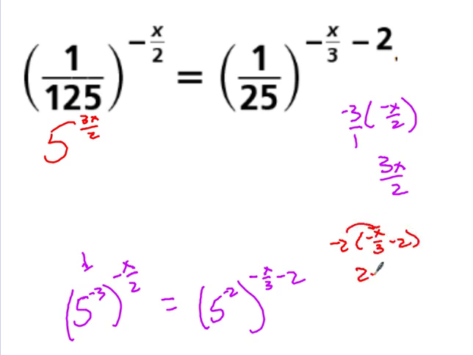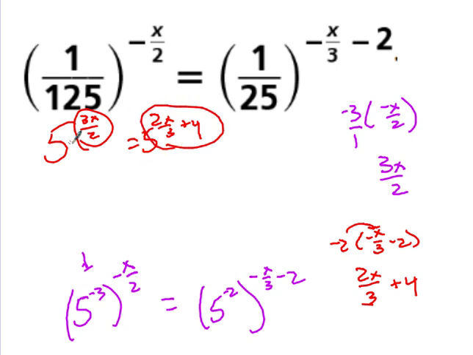This is going to give me positive 2x over 3. Negative 2 times negative 2 is positive 4. So this is equal to 5 raised to the power of 2x over 3 plus 4. Okay? Now I know this has to be equal to this because we have the same base.